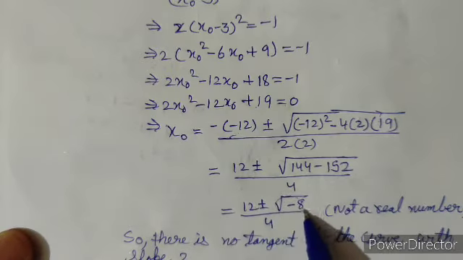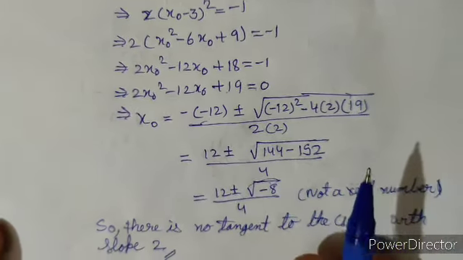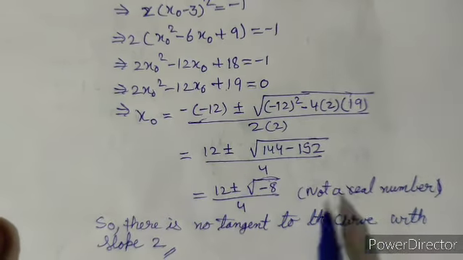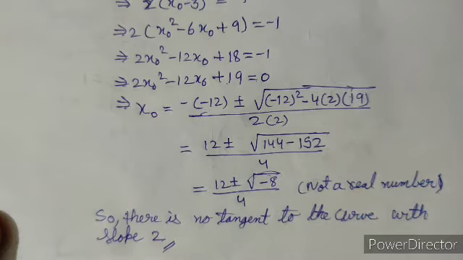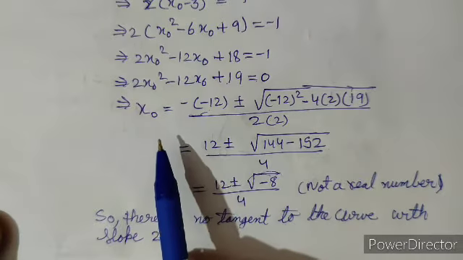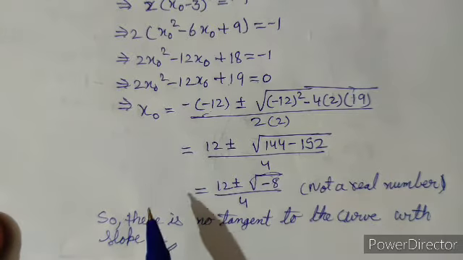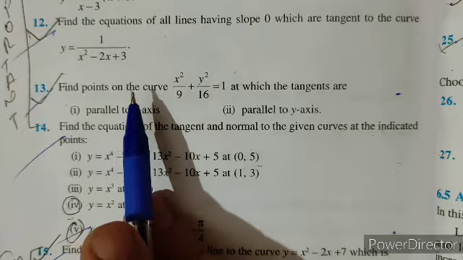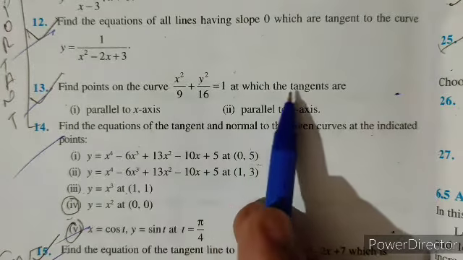Here this root minus 8 is not a real number, so the value of x0 is not real. And thus we can say there is no tangent to the curve with slope 2, as we cannot find the equation of the tangent from here.